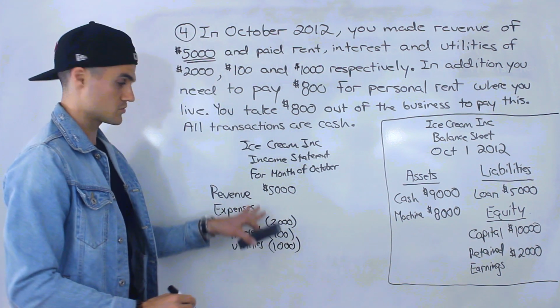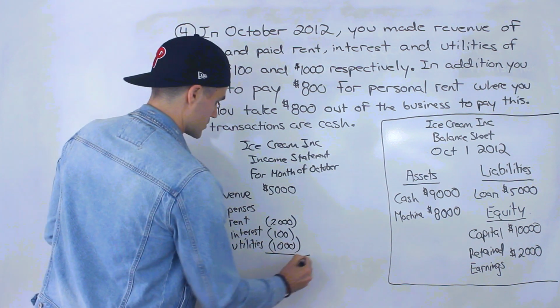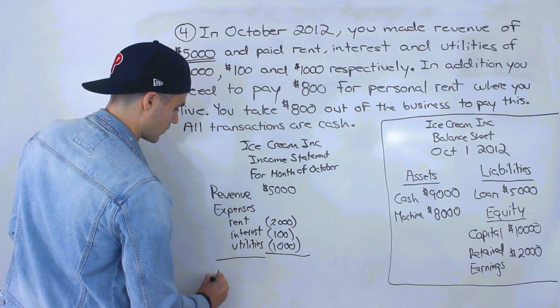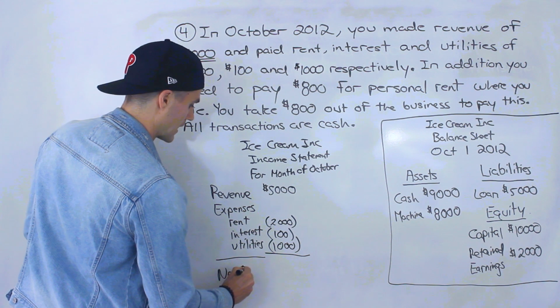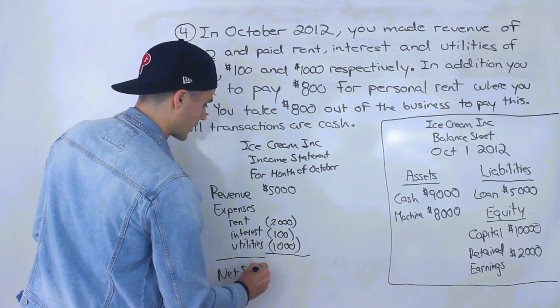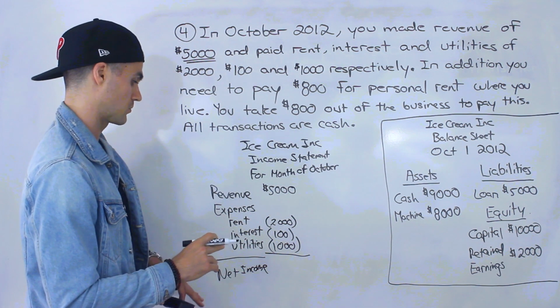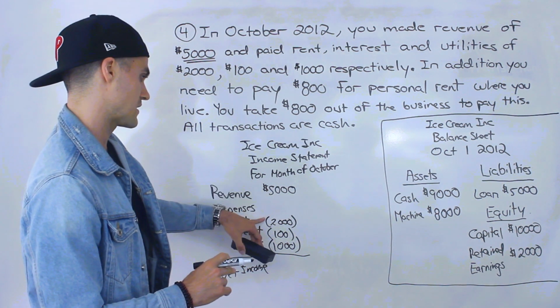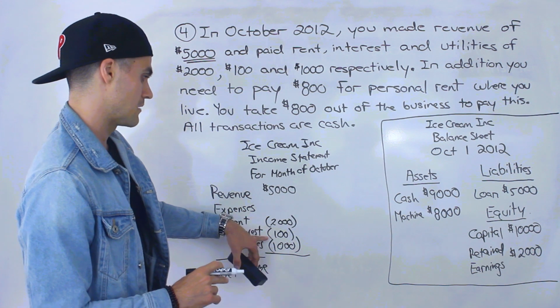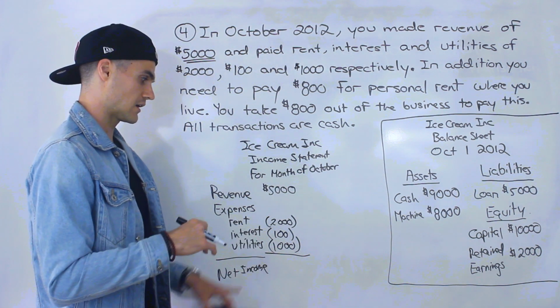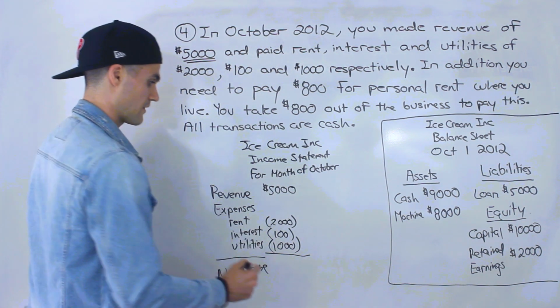Remember, we're subtracting those from the revenue. So when we subtract those, what do we end up with? We end up with our net income. And hopefully our net income is positive. It means we're making a profit for that period, for October. So we'll have 5,000 minus 2,000, which is 3,000, minus 100, which is 2,900, minus 1,000.